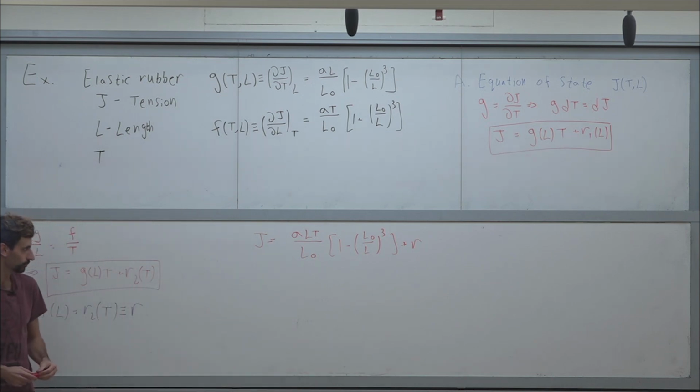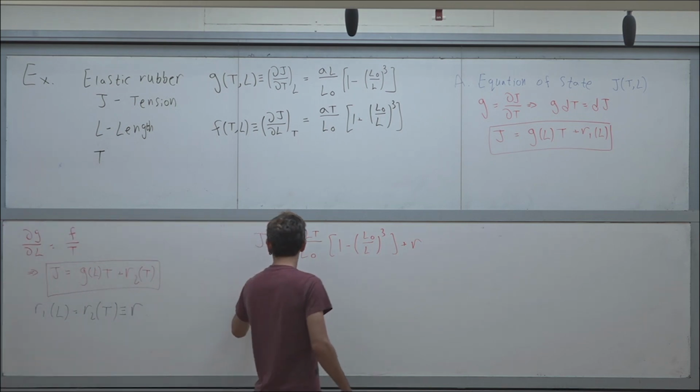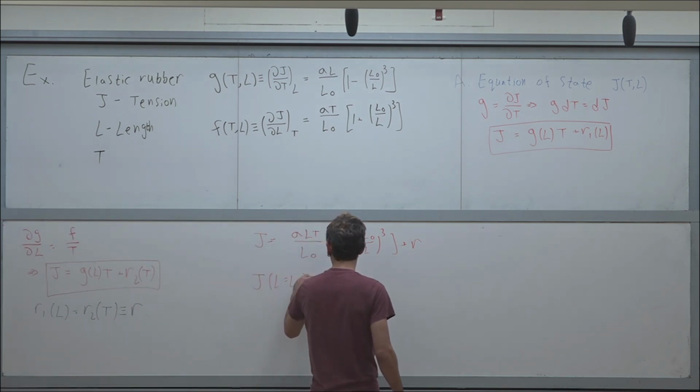Obviously 0, because in the loose position we didn't stretch the band at all. There is no tension, so J needs to be 0.